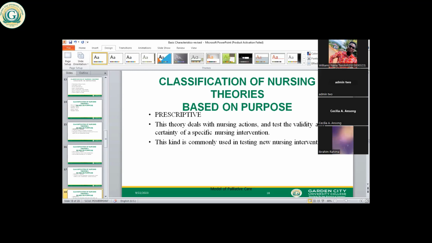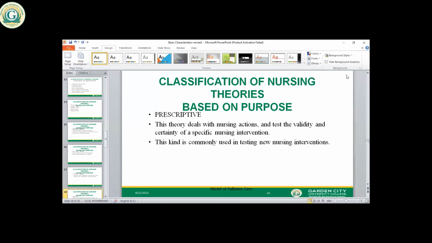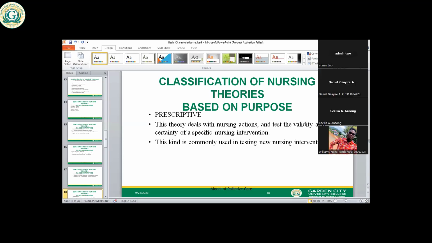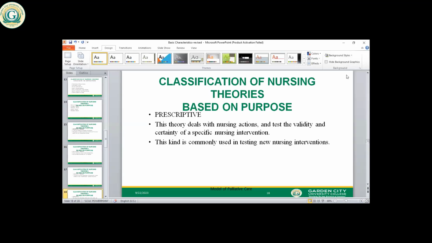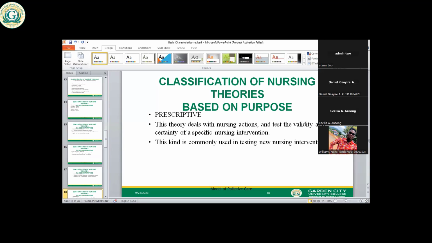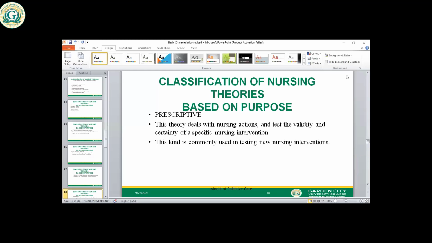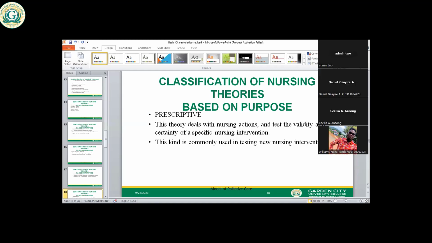But another person will want to carry out a research, and they would want to identify the association between maybe the cause of something and its effects. So though the person will describe whatever the situation is, the person will move a step further to look at the cause and then the effect. And that is where the focus will be, rather than just describing. So usually the problem that you have or whatever research you want to carry out will determine the type of theory that you would want to use.